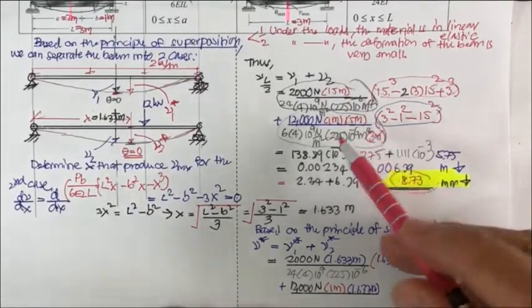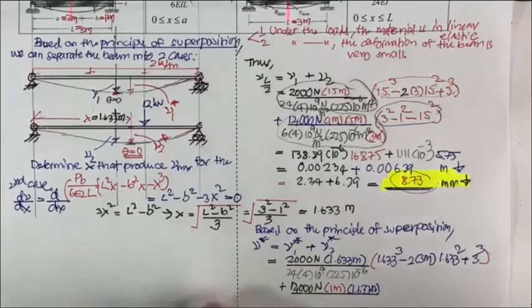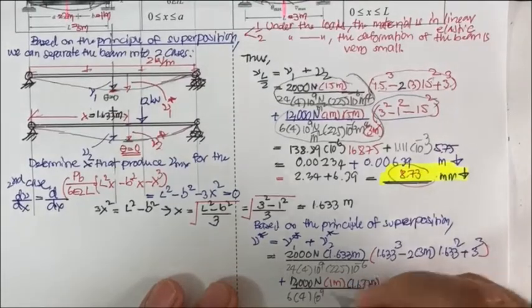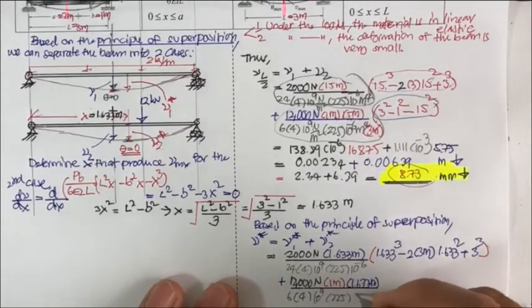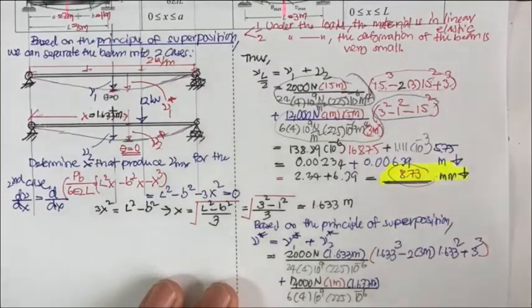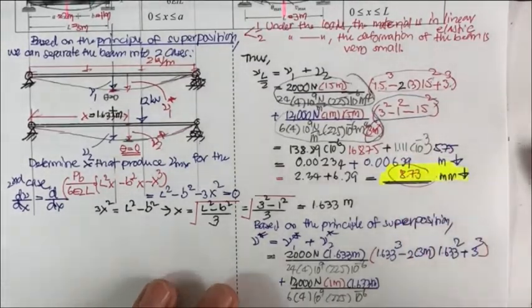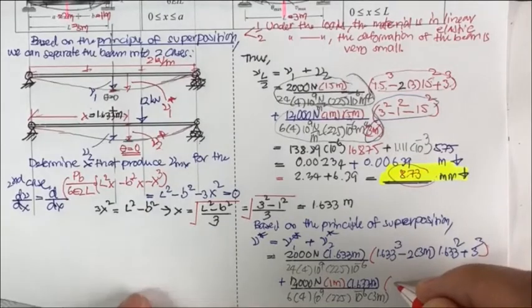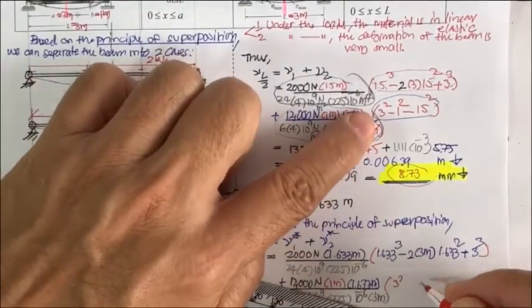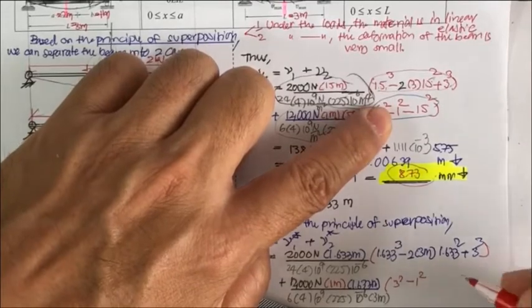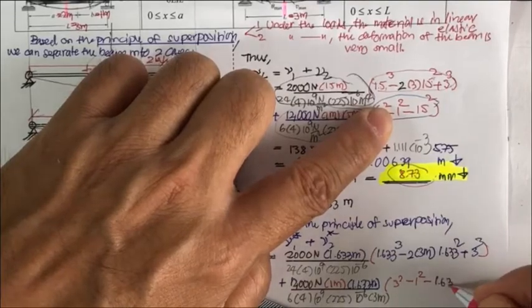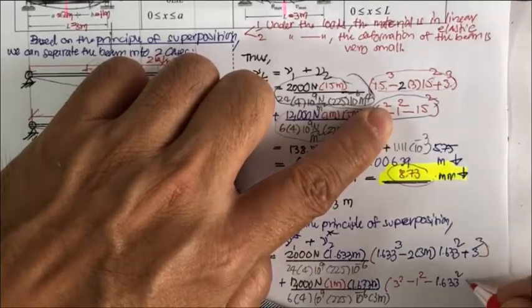And then you're going to have 6 times 4, 10 power 9 and 2 to 5, 10 minus 6. And don't forget this one, that is 3 meter is the L. And then in parentheses you got L square, 3 square, minus B square, and then minus X square, 1.633 square, and then you get this.